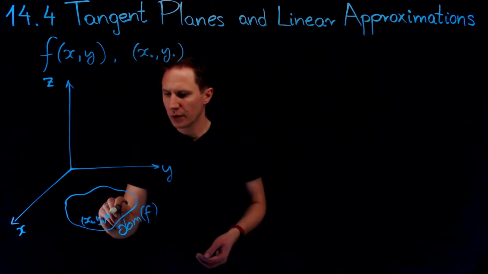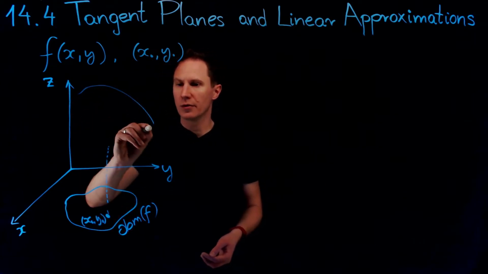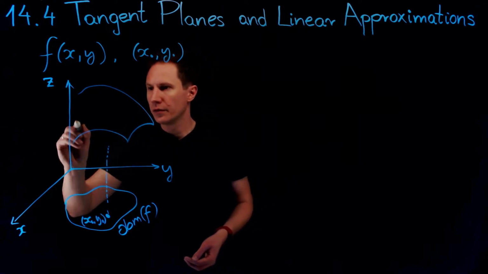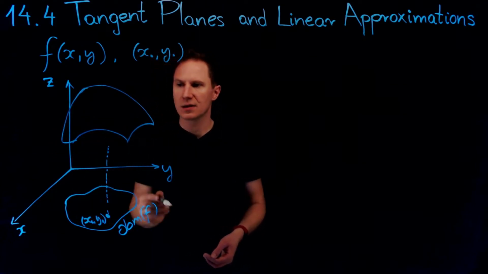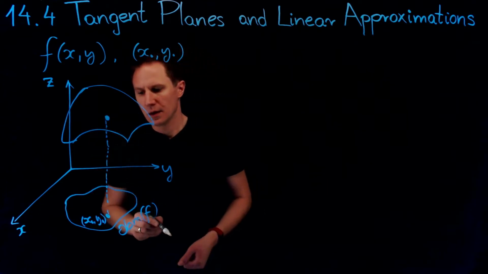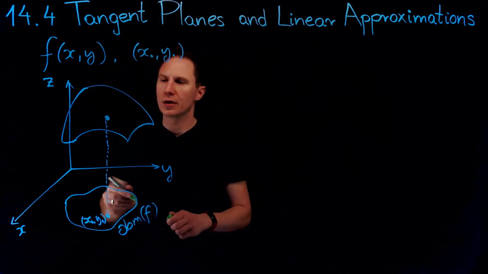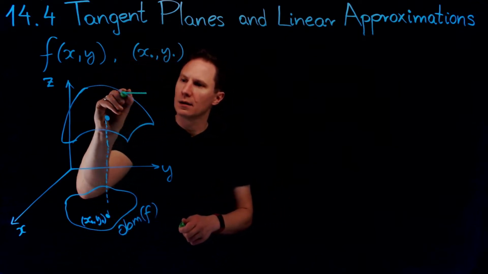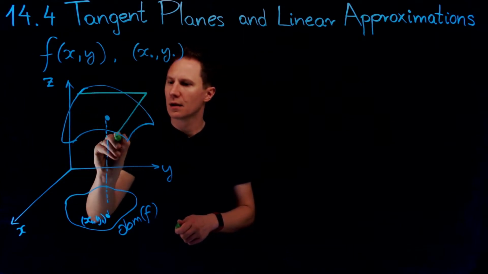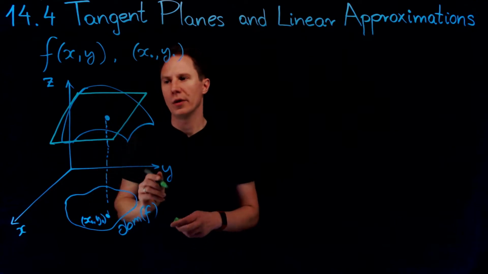So the special point above which we have the corresponding point on the graph of the function, which is a surface. So we have that point, let's say up here on the graph of the function, and we want to come up with an equation for the plane that touches the graph of the function exactly at that point.